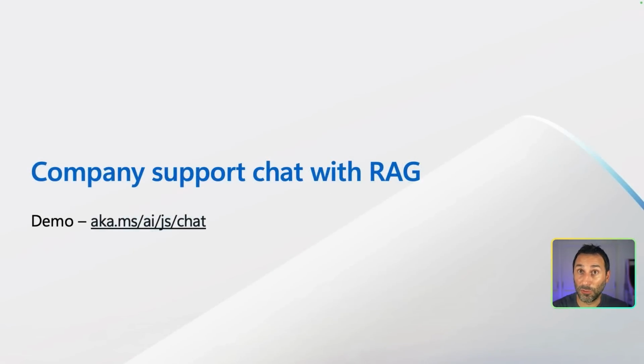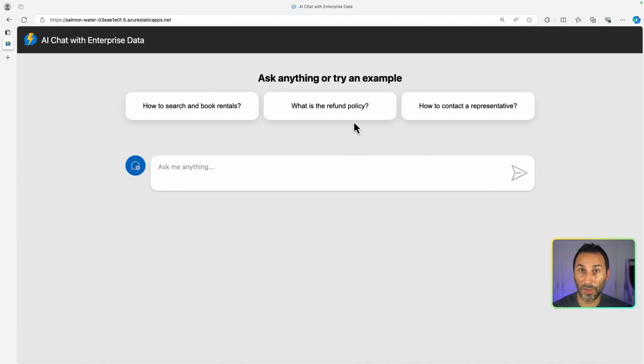Let's have a look at a practical example of using RAG for a support chat application. So, for the Contoso real estate company, we've built this experience that allows customers to ask support questions about the usage of its product. Here you're looking at the final deployed version on Azure that uses a set of company documents in PDF format to answer the questions.